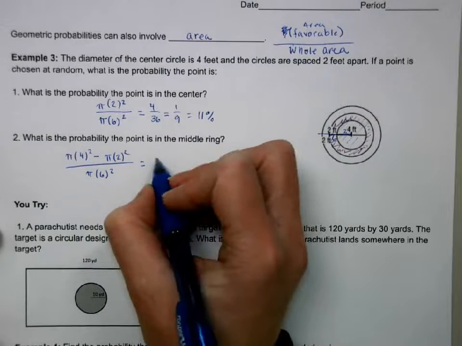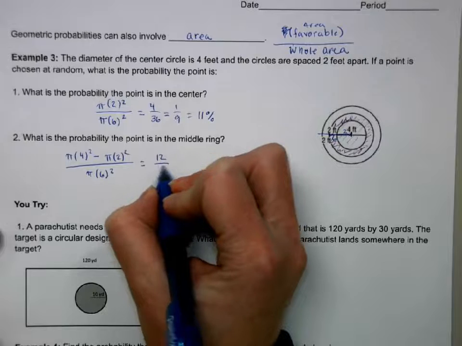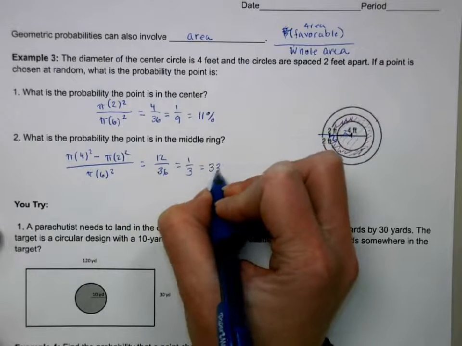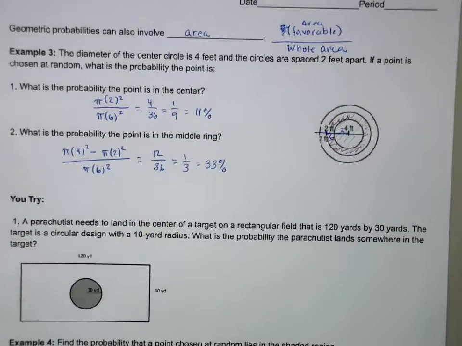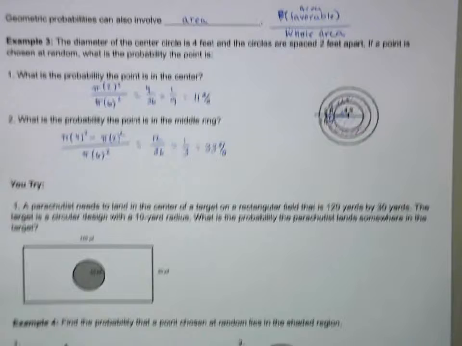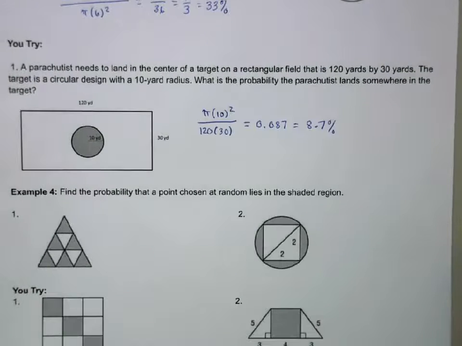You do this, you'll get 12 out of 36, which is 1/3 or 33%. And obviously you have a calculator to help you with all of these calculations. All right, so I want you to try the next one.